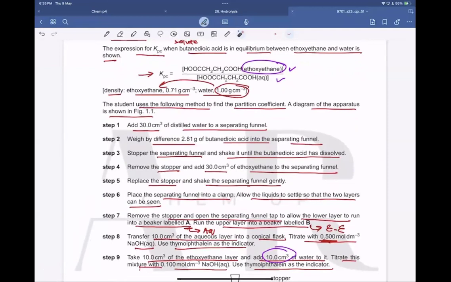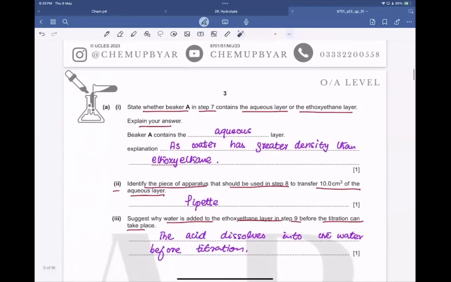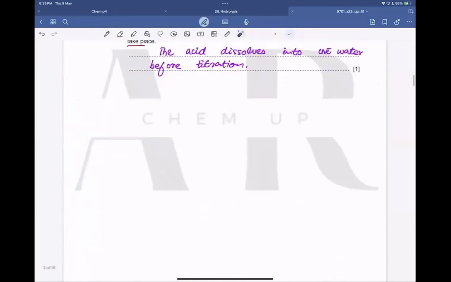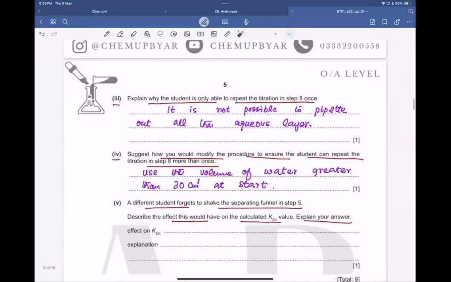So if a lesser amount of butanoic acid is dissolved in ethoxyethane, this value is going to be smaller and this value is going to be bigger. So if the denominator gets bigger and the numerator gets smaller, we will get a lower value. And it is because the equilibrium has not been established and all of the butanoic acid which has to be dissolved in ethoxyethane would not dissolve.